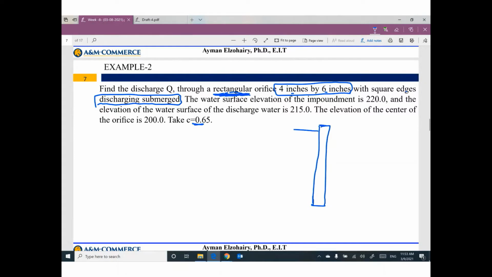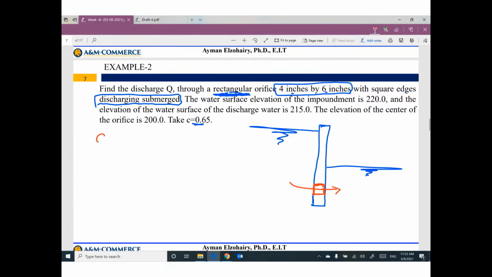We have a water level here, and we have a water level here, and we have a hole which is rectangular. So we expect flow through this hole.